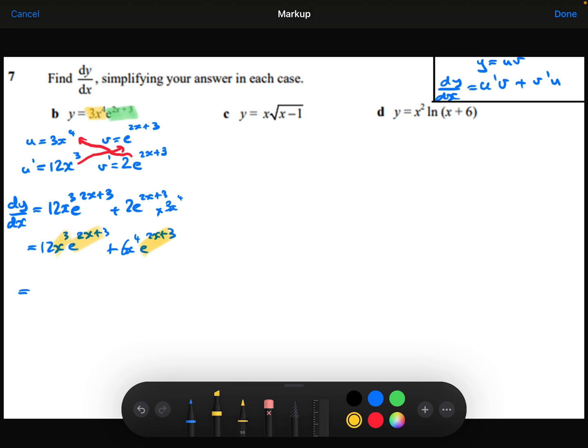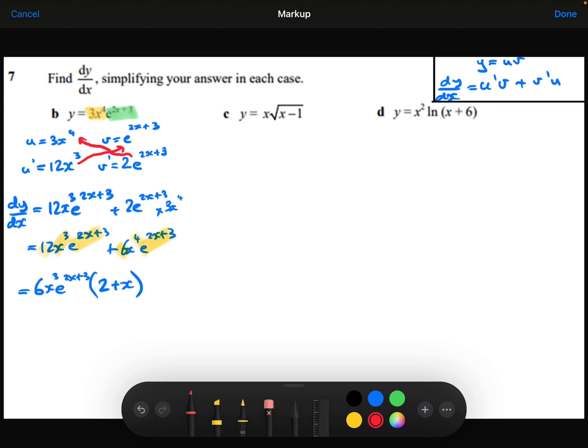We've got an x cubed that's in both of these terms. And then we've also got a 6 that's in both of these terms. So let's factorize the 6x cubed e to the 2x plus 3 outside. And on the inside, we'll be left with 2 plus x. And that's how I would leave my answer.